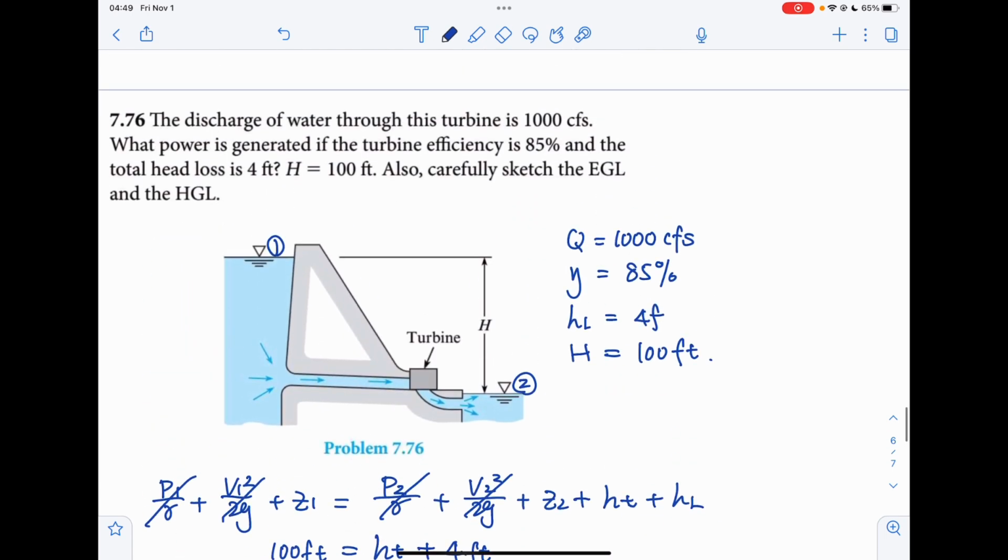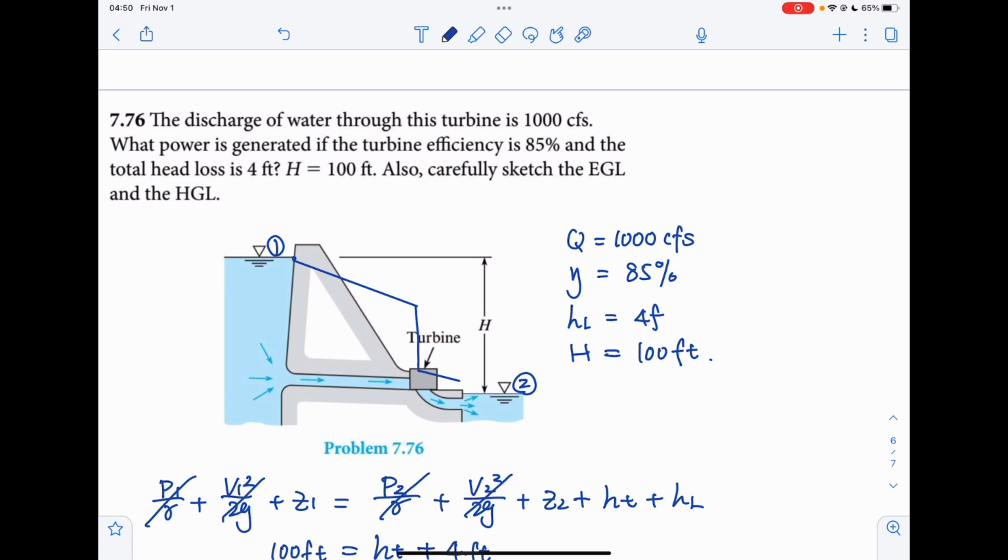So now we're going to draw the energy grade line. The energy grade line will start at the water surface and decrease because of the friction, or we can call it head losses, and then it will drop because of the turbine here, and decrease again before the entrance.